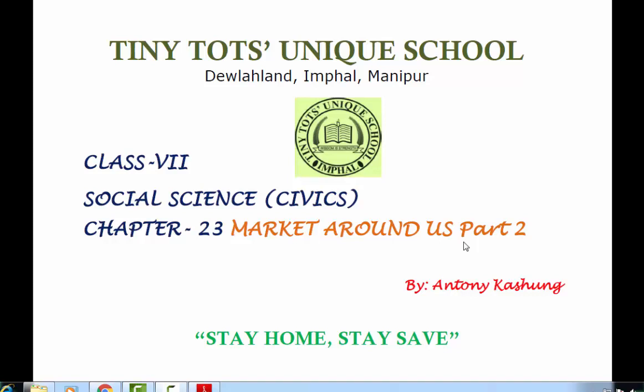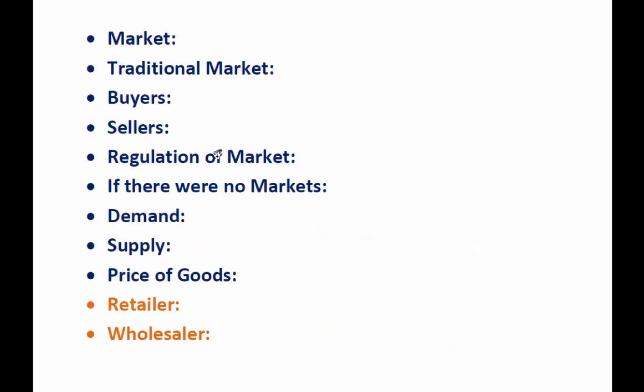In the previous class, we learned the first part of chapter 23. Today, let us continue chapter 23 from your social science civics. In the previous class, we discussed something about market, including traditional market, buyers and sellers, regulation of market, and also what will happen if there were no markets.